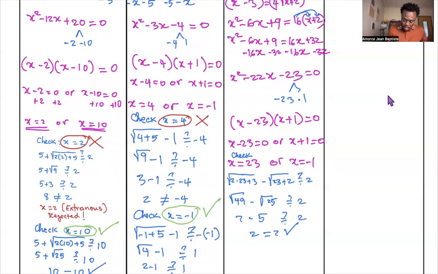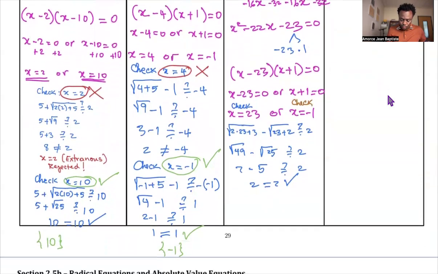Now let me check x equals negative 1. So I'm going to have square root of 2 times negative 1 plus 3 minus square root of negative 1 plus 2. Is it 2?